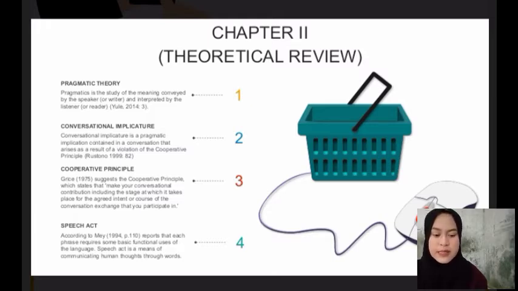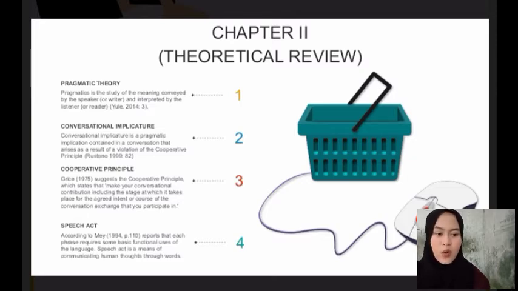Cooperative principle means that the speaker and the listener are having a conversation appropriately. They don't flout the maxims of the cooperative principle, so the conversation runs appropriately.